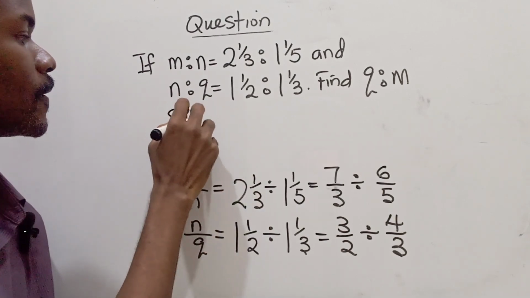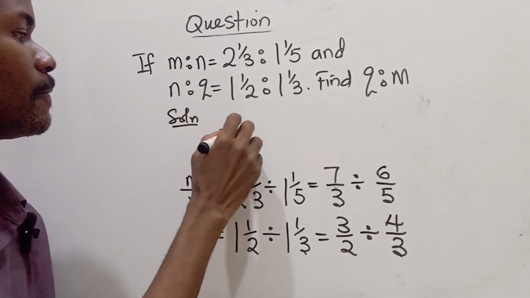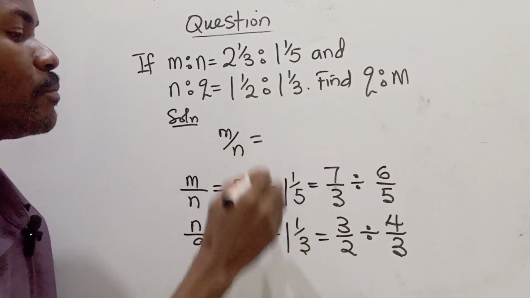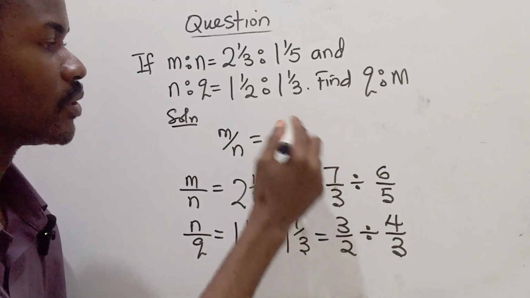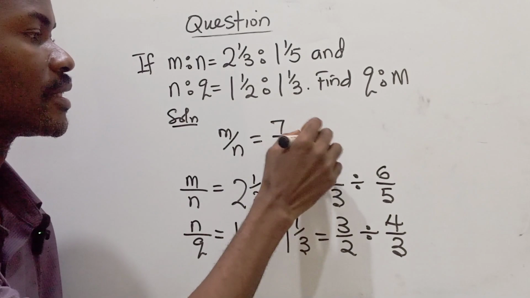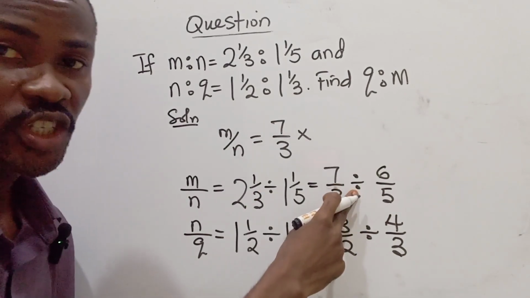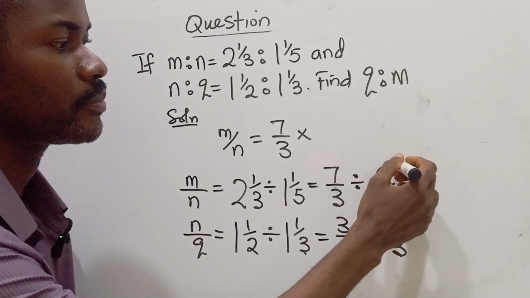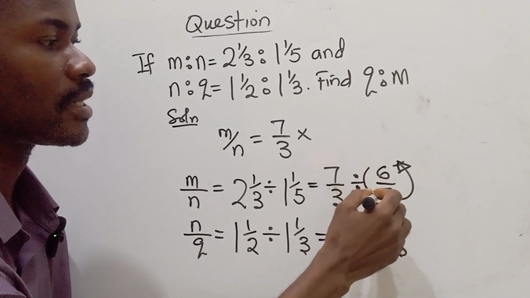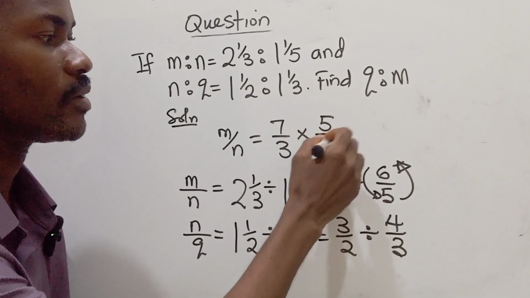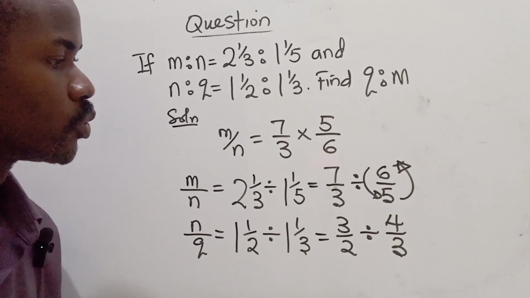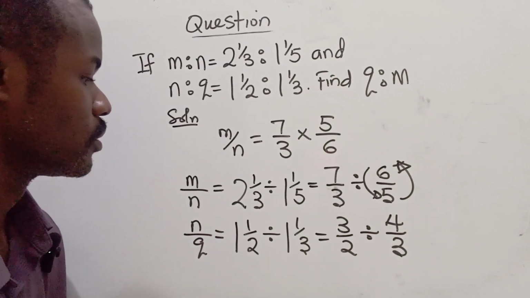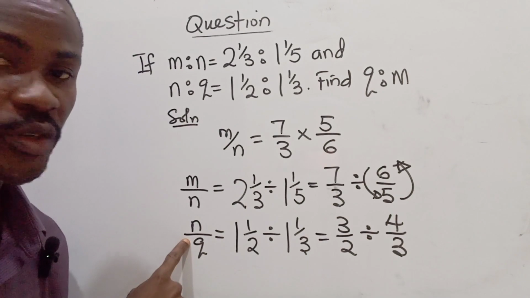So our solution, we continue. So m divide n is going to change to multiplication. So I have 7 over 3 times, once it's changed to multiplication, this goes up and this comes down, so I have 5 over 6. We are also going to do the same for n divided by q.